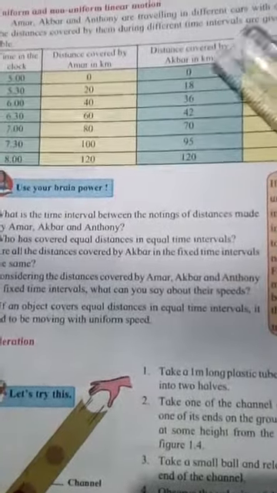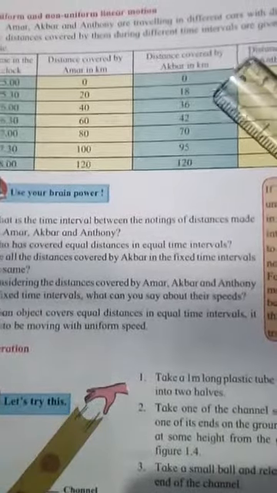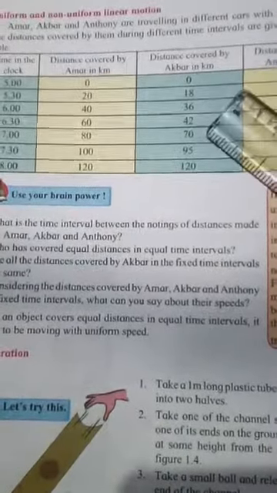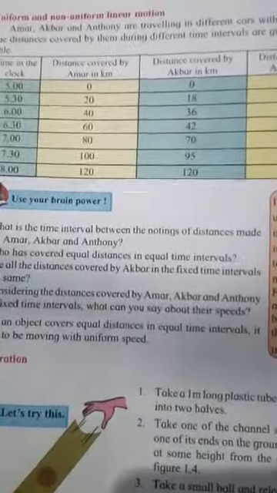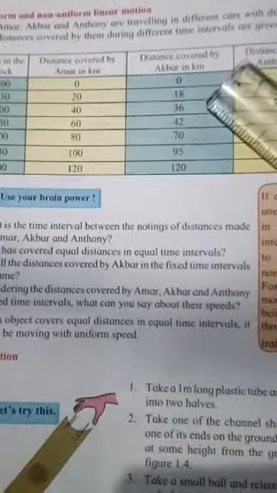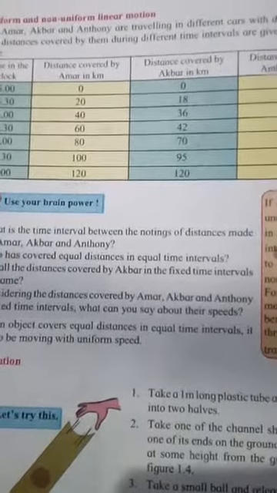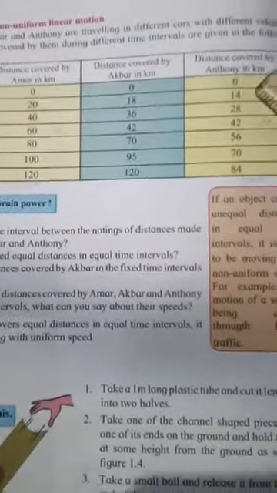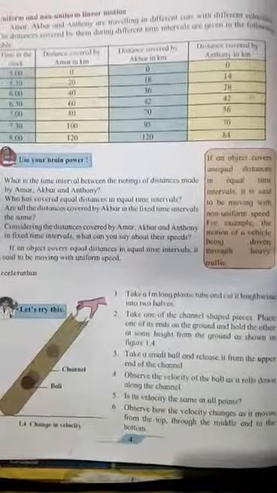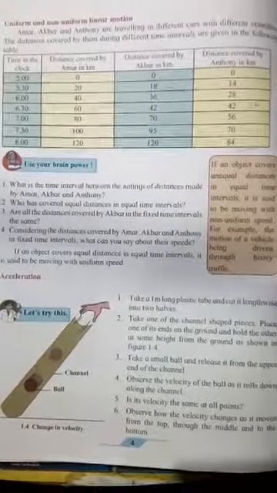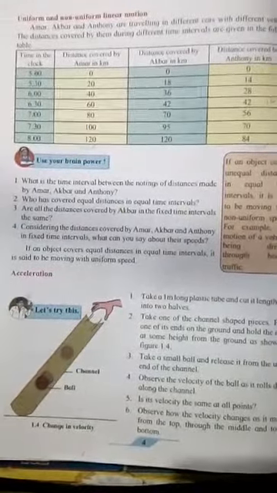Akbar covered different distances in equal time intervals, and Anthony covered 14 kilometers distance.